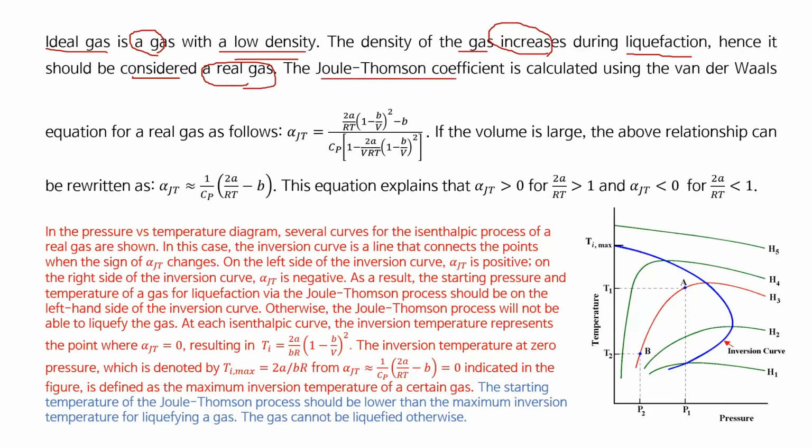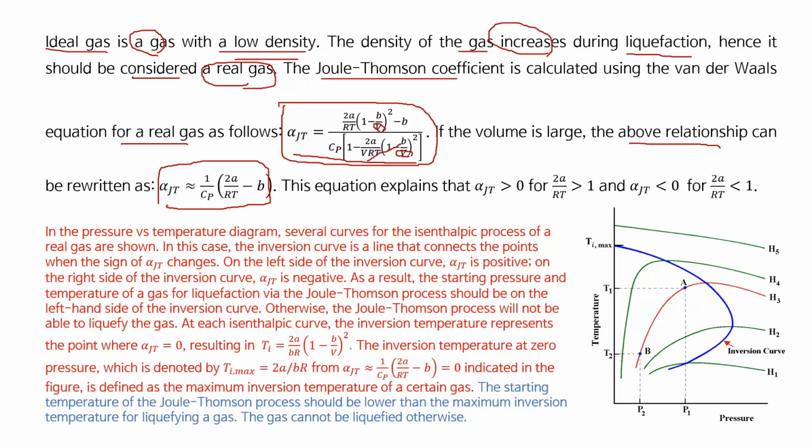So the Joule-Thomson coefficient is calculated using the van der Waals equation for real gas as follows, and we can get this relationship. If the volume is large, V is large, then the relationship can be rewritten as this equation.